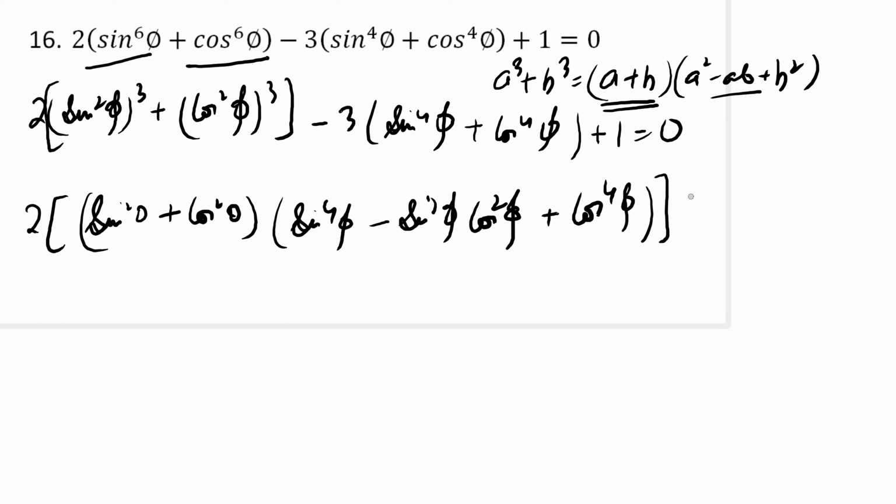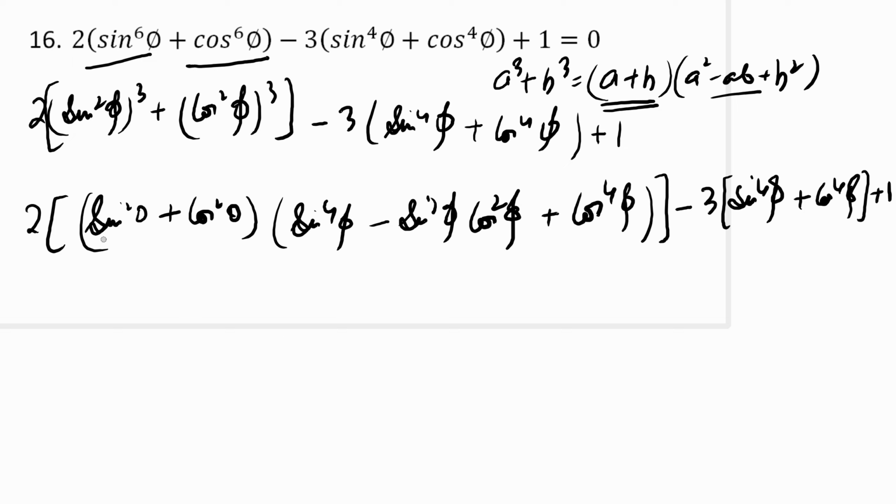Okay, and the remaining part will come as the same. It is sine 4 phi plus cos 4 phi plus 1. Okay, here I should remove the equals part, since this is only the left hand side.